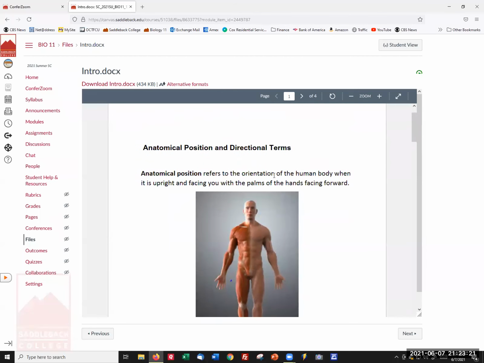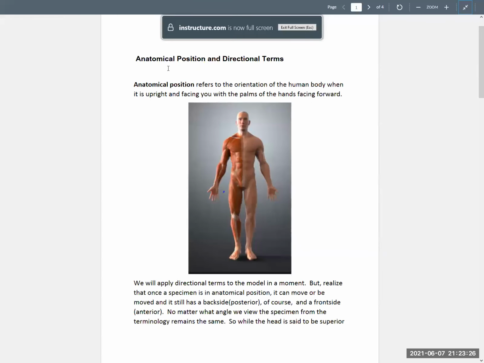What we're going to talk about is anatomical position. Anatomical position are the terms we use to describe how a person looks to us. Once we assign a name to it, it sticks. For instance, anatomical position, the person is facing us. And strangely enough, they got their hands out, like palms out.